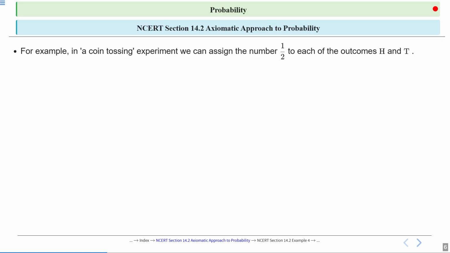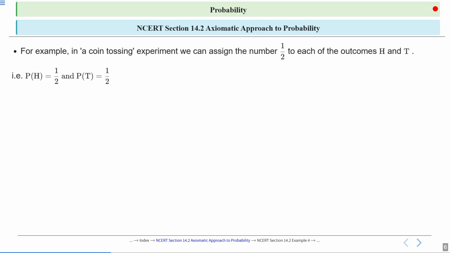It may be head or it may be tail, so it is a 50-50 chance.